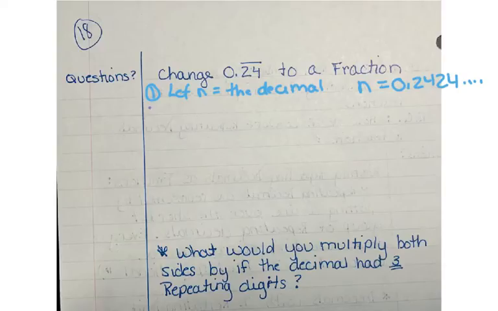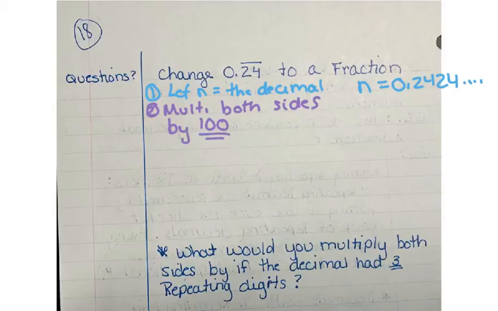This time, I want to multiply both sides by 100. So there's our main difference right there.